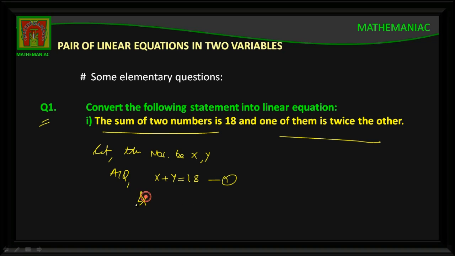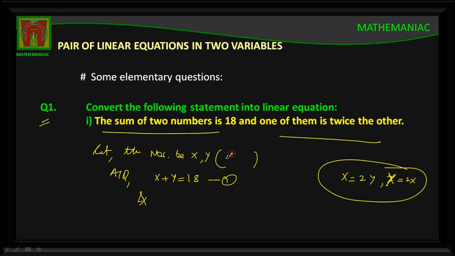And one is double the other. Now which will prevail? You will write x equal to twice y, or y equal to twice x. Both can hold because they did not fix it. As and when you find that one number is twice the other and they did not fix anything, you have the right to fix any one of them as the greater one.